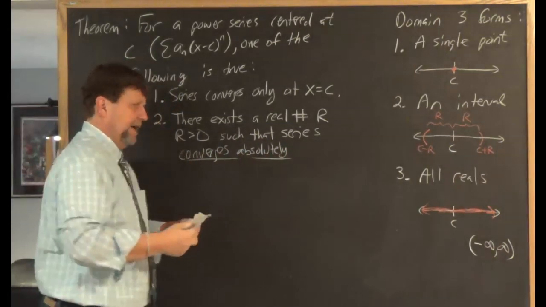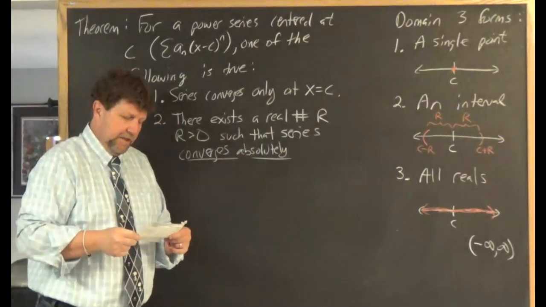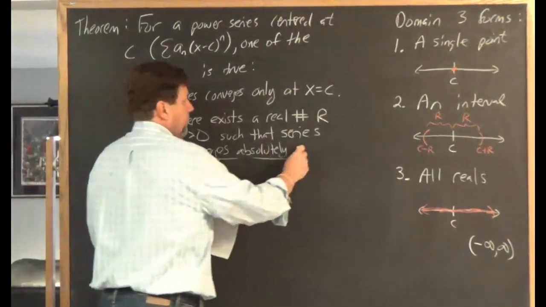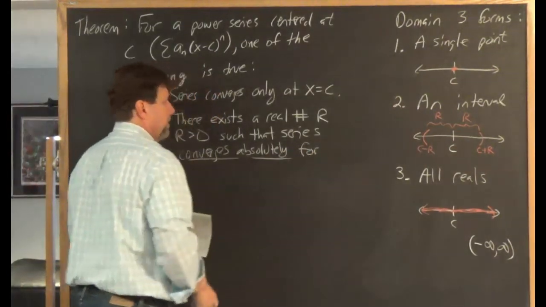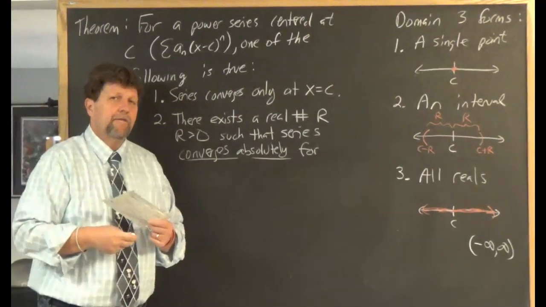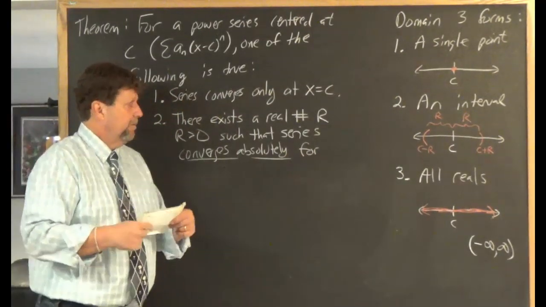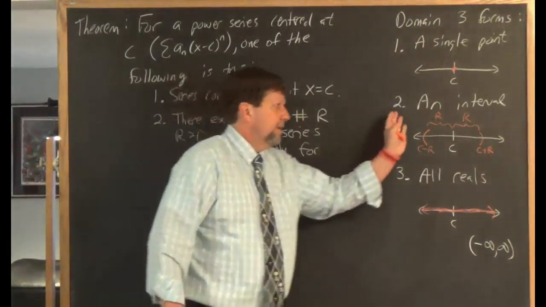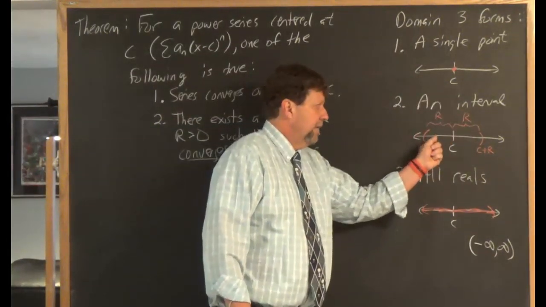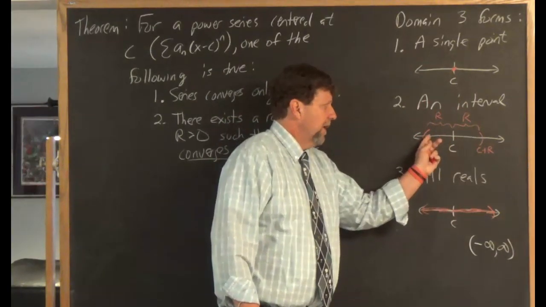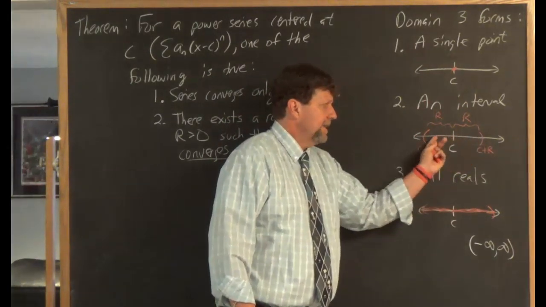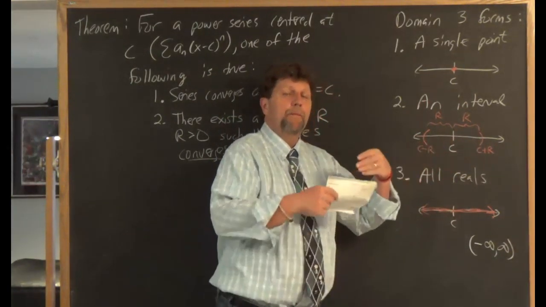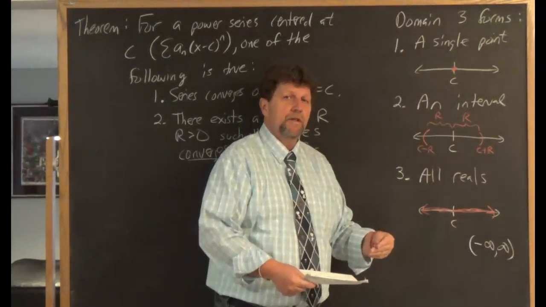The most exciting type of convergence. It converges absolutely for, okay, now to make sense out of what I'm about to write down, because number two matches up with number two, keep in mind this picture saying for all values of x, for any x that you pick inside the interval, the power series converges.